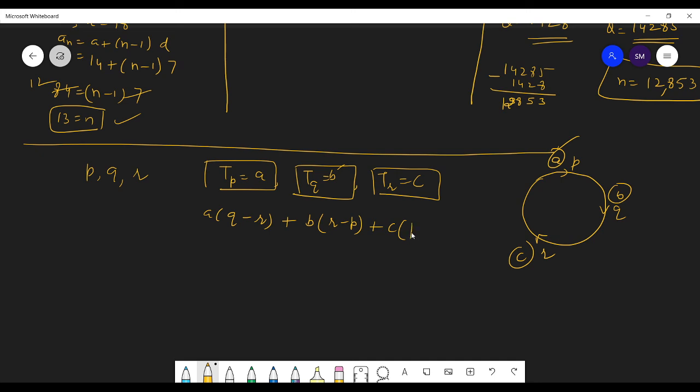P minus Q. Look, A into (Q minus R), then for the next terms, now you have reached B, so R minus P, and you have reached C, so P minus Q, and that is equal to 0.